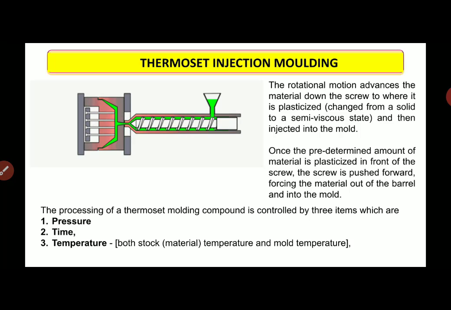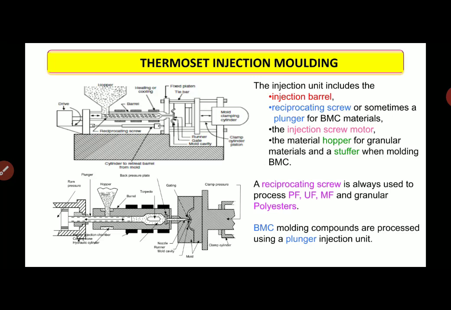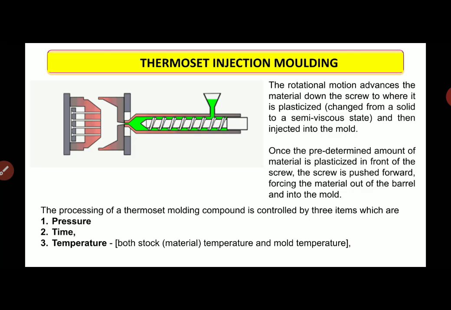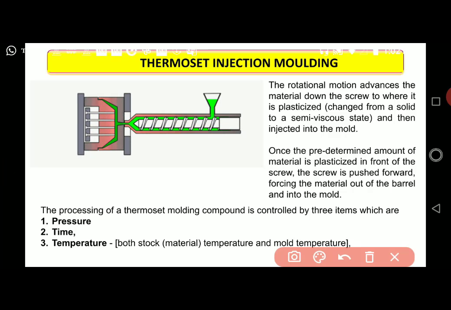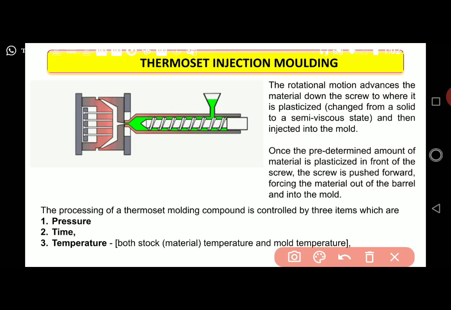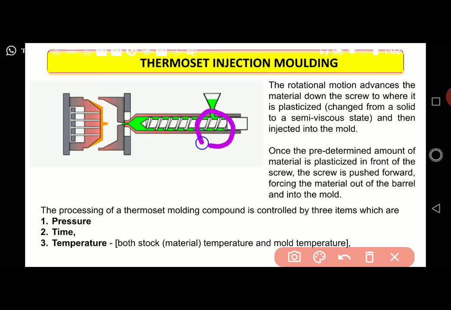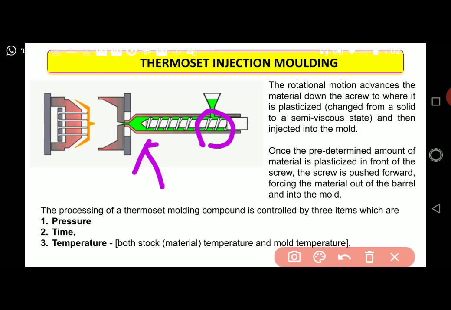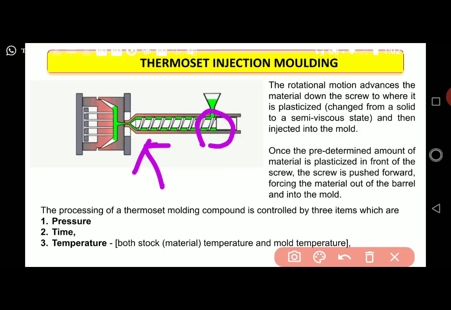This is how the process takes place. The rotational motion advances the material down the screw to where it is plasticized, or changed from solid to semi-solid. Here it is solid, and when it reaches here, it becomes a semi-solid or semi-viscous state.